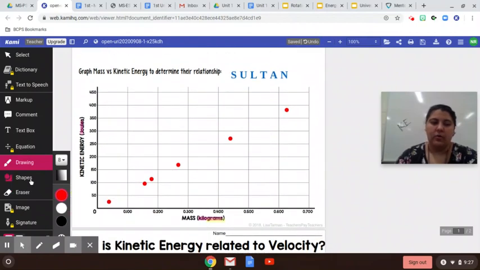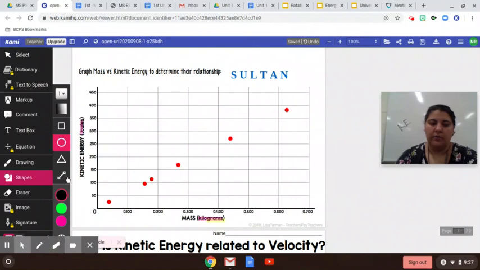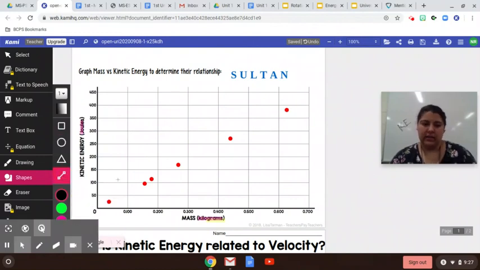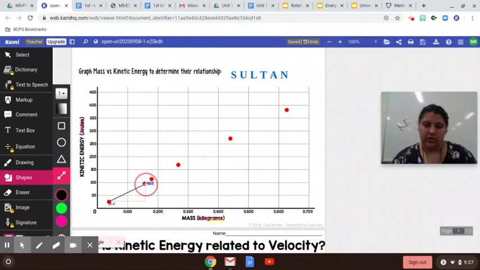Now, what I'm going to do as well is I'm going to draw a line connecting these dots so we can kind of visually see. So I'm going to start my line there, and it's going to go to here. Let me try that again. Okay, start it.